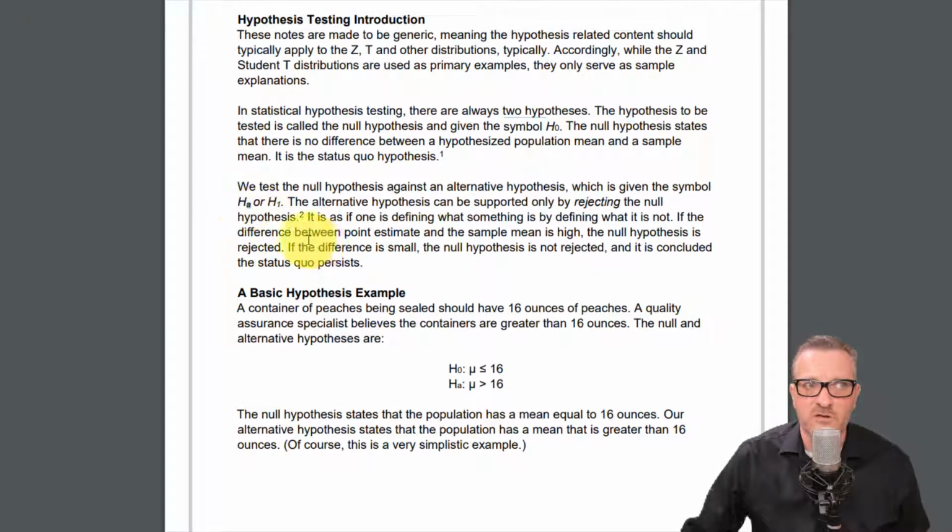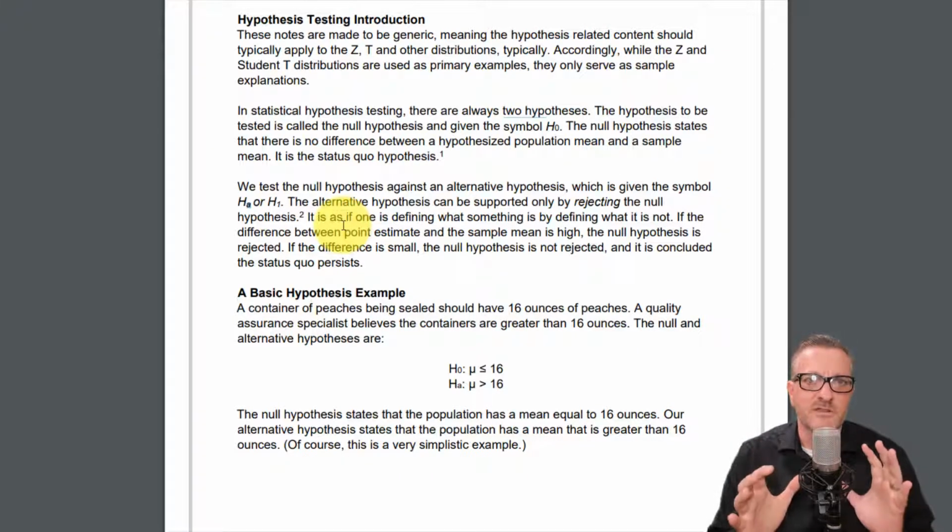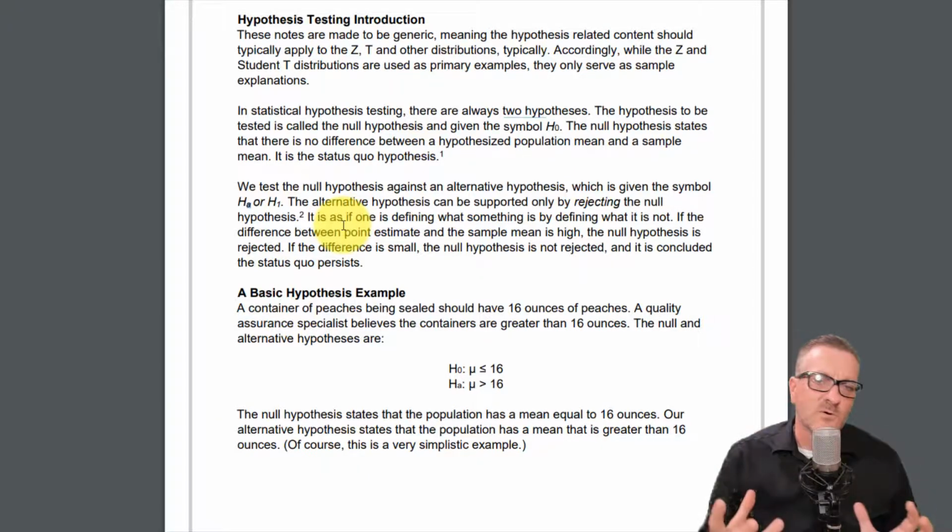HA for alternative or alternate. The alternative hypothesis can be supported only by rejecting the null hypothesis. So this is what I was talking about before. We don't confirm the alternative hypothesis. We support the alternative hypothesis by rejecting the null hypothesis.